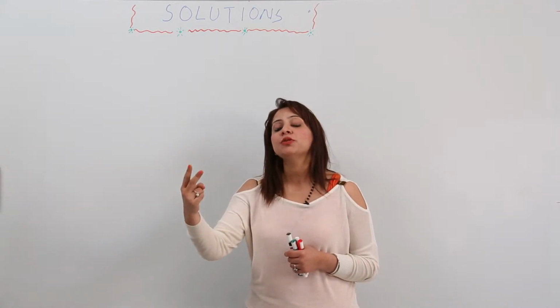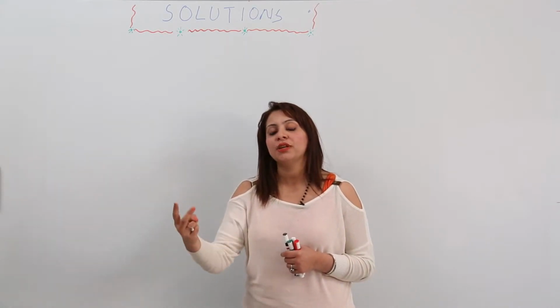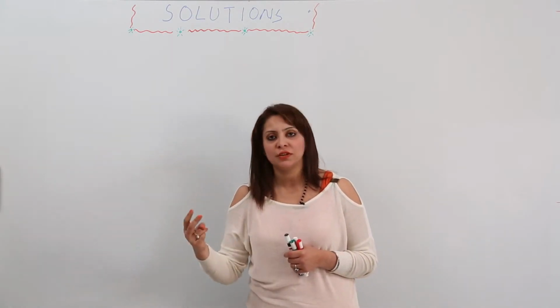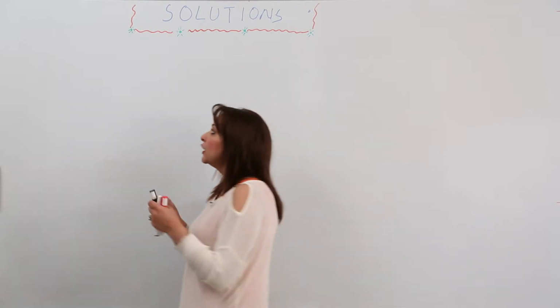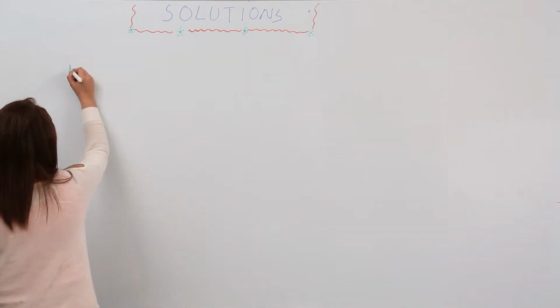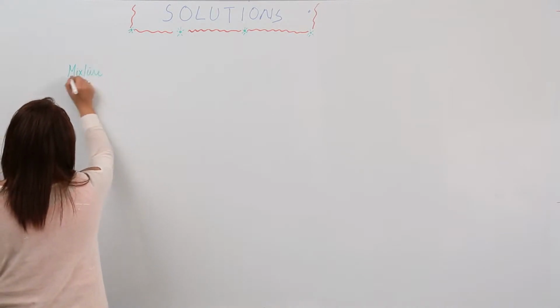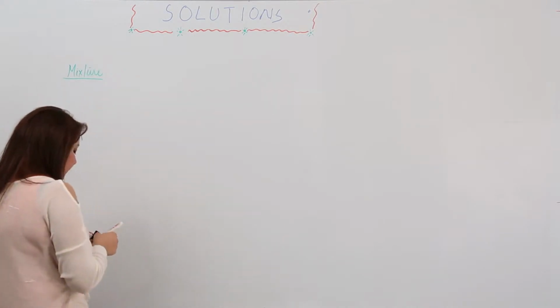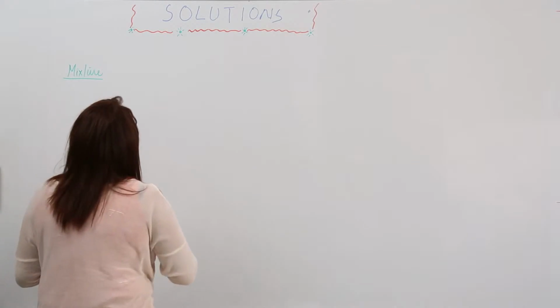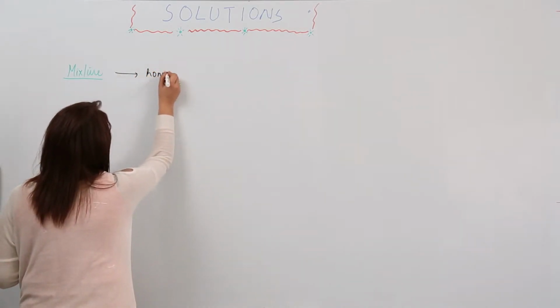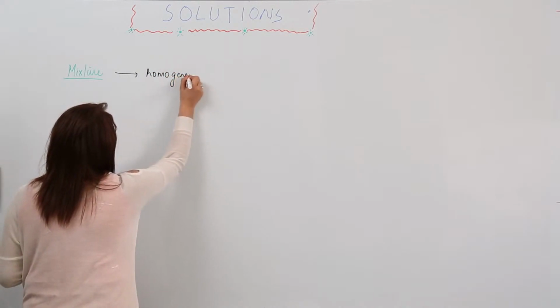Out of these two subcategories, the solution falls under the category of homogeneous mixture. So whenever you see a solution, it should be clear in the mind that it is a mixture, and out of the homogeneous and heterogeneous mixture, it is the mixture which is homogeneous in nature.